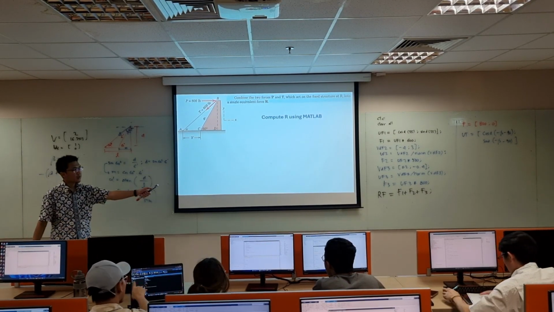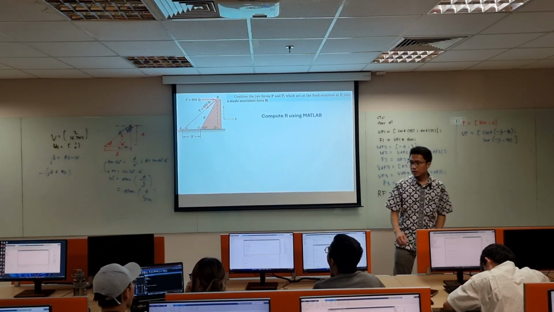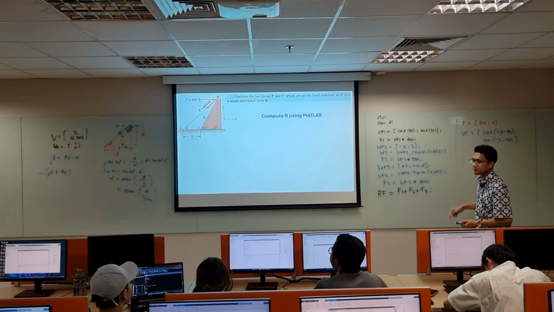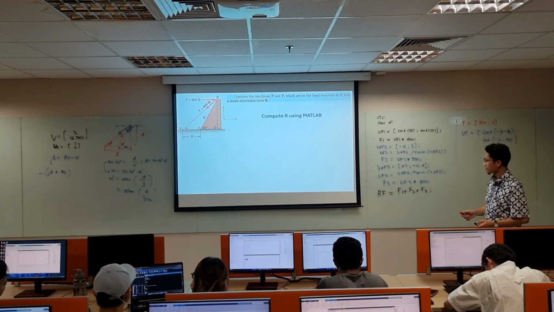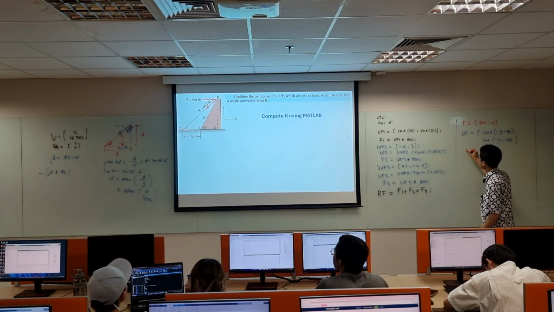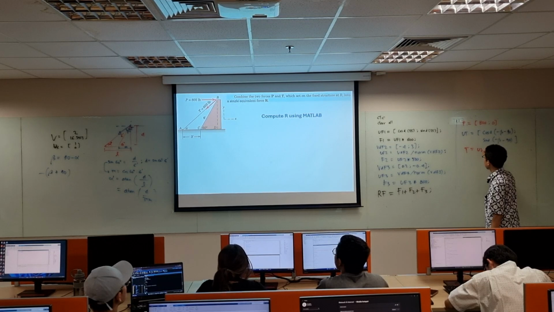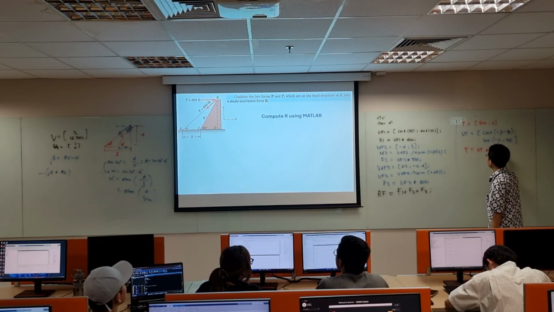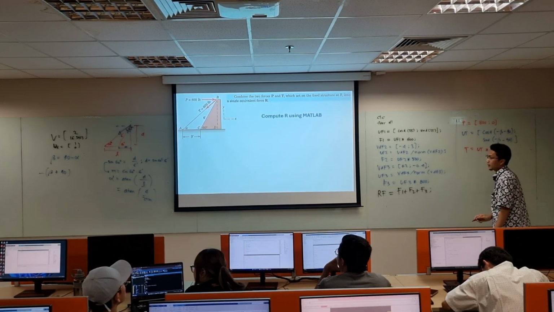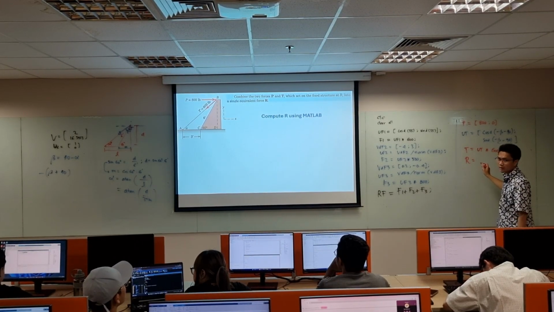Do you have any problem in defining the unit vector for the t? I wrote it here already. This is unit vector of t. Then the t is 600 times ut. After that, your r, what is r?